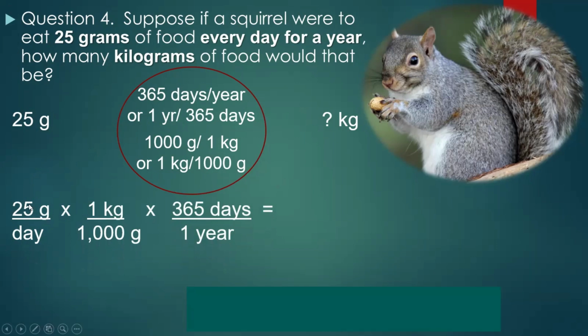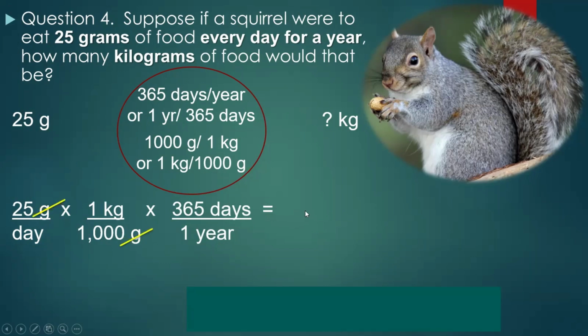25 grams in a day, and we need the grams to cancel out. So that's going to change it to kilograms in a day, and then we'll need the day to cancel out. And there's 365 days in a year. So let's cancel all the things out that we can and see what we have left.